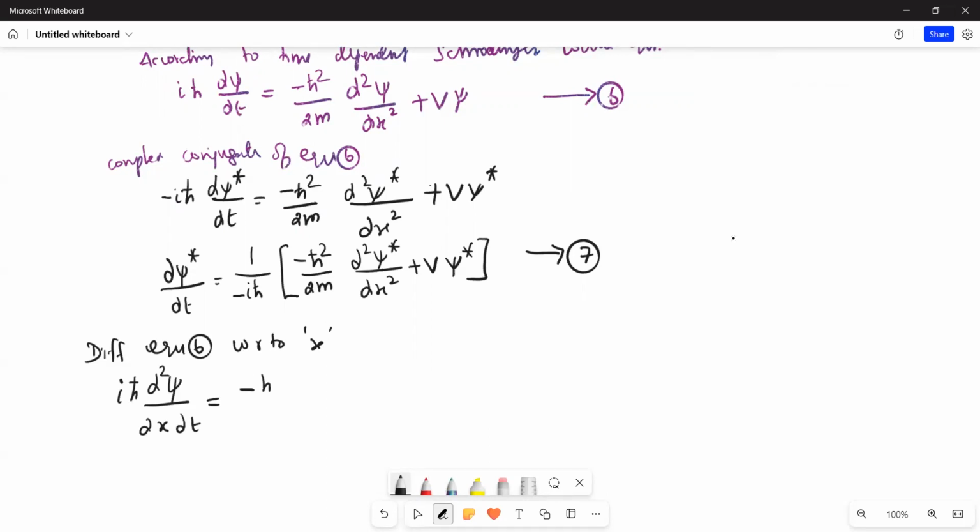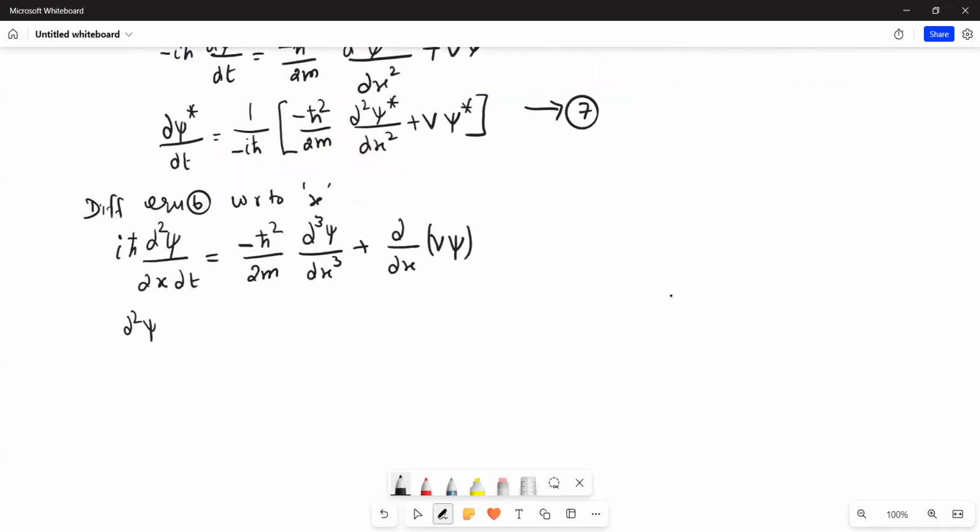And here you apply the same, minus h cross square by 2m, and here also, it is already a second order differential term there. So it becomes dou cube psi by dou x cube plus V psi. And for this also, the differentiation you need to use. So dou by dou x of V into psi. Right? Again, you simplify this one.